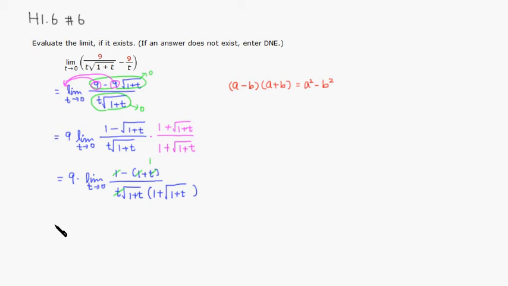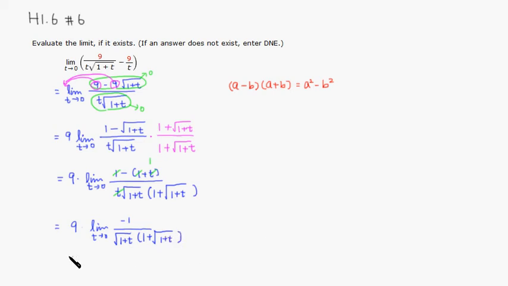So you have 9 times the limit as t approaches 0 of negative 1 on top, then square root of 1 plus t, and 1 plus square root of 1 plus t.